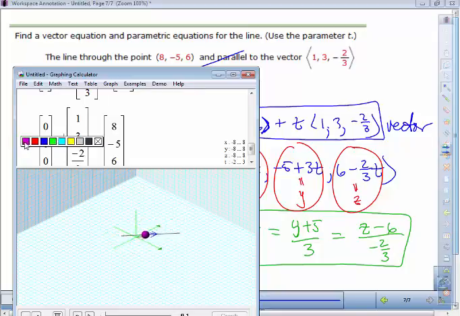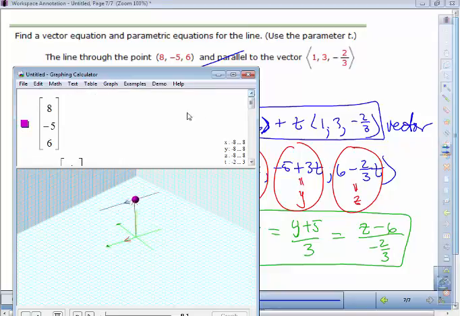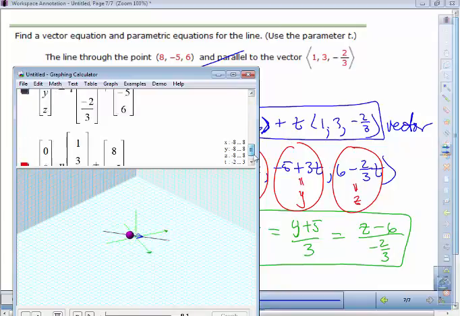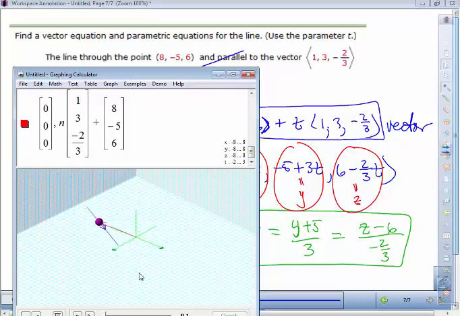So now, let's take away that other vector. If you focus on this red vector, it's like the drawing vector. It draws out for any value of t that we put in. Right now, t is equal to 0.